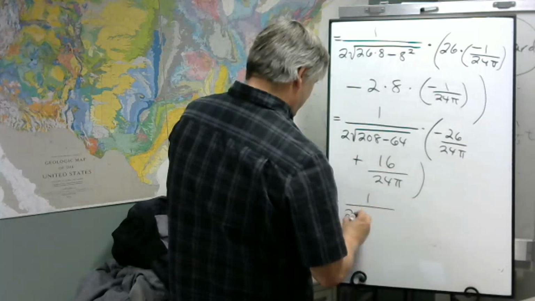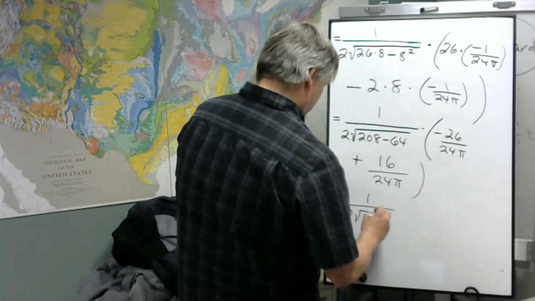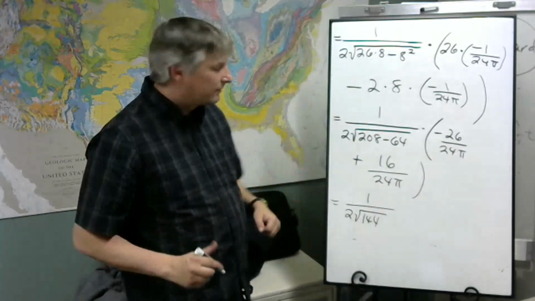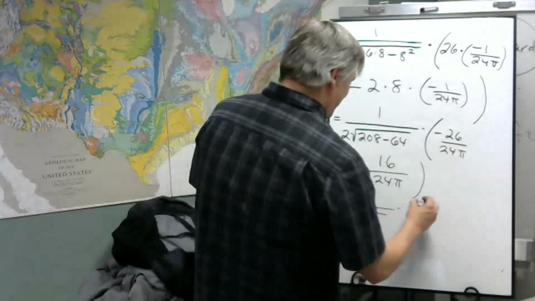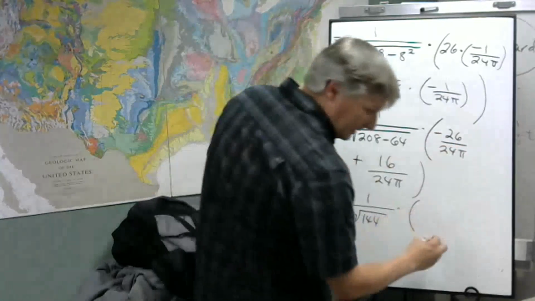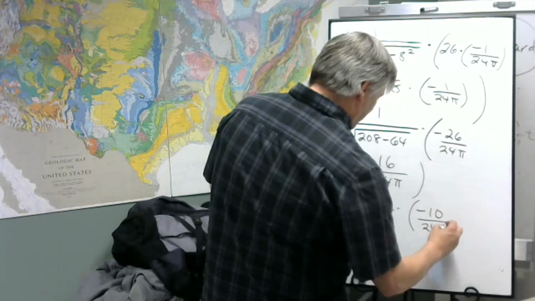Remember, this is what dr/dt is equal to. This is 144. Oh, lucky. Square root of something, it's going to be 12. Times -26 plus 16, -10, over 24π.